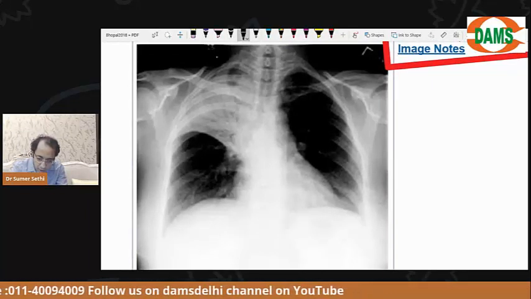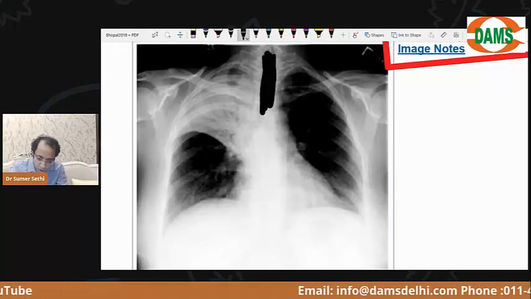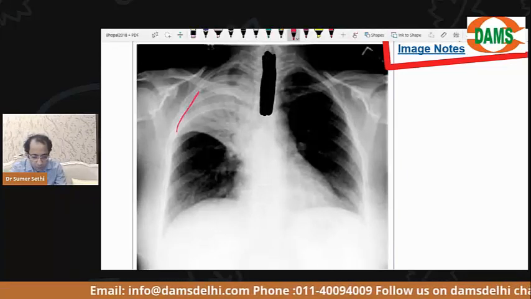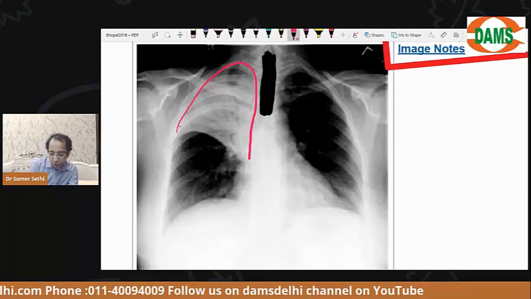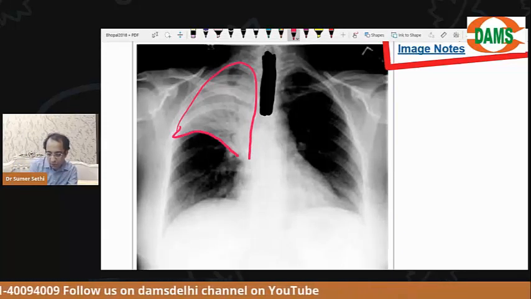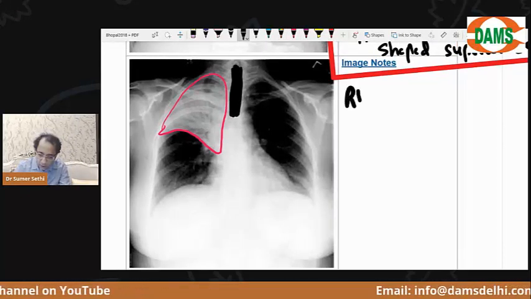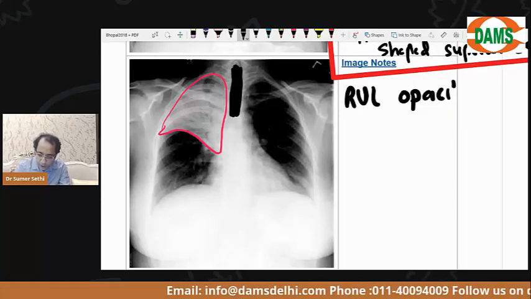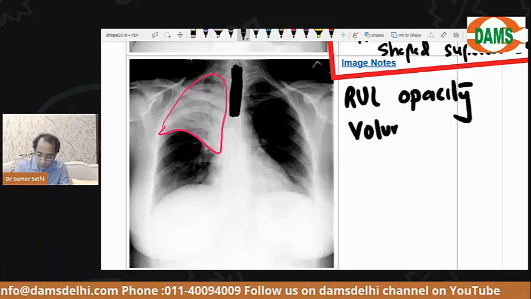Trachea looks central. There is an opacity in the right upper lobe, but the volume is more or less maintained.